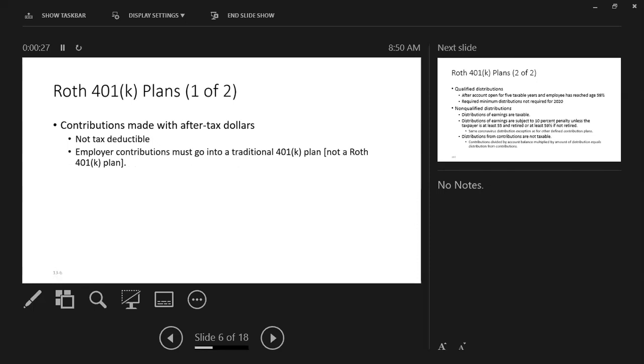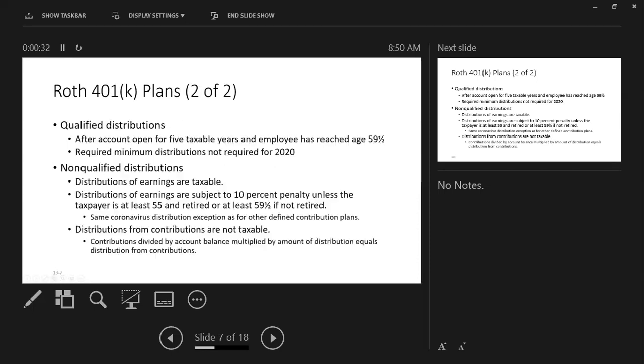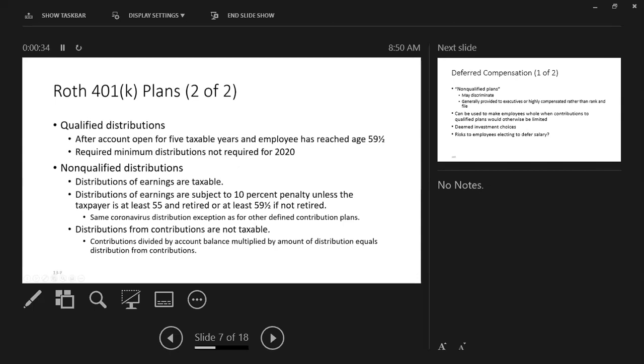Then when you get the money out at retirement, none of it's taxable. And that's what we're talking about here. On a Roth 401k, there's no required distribution for 2020, and that's just for everybody.